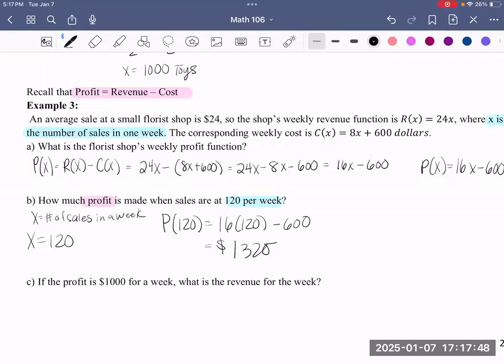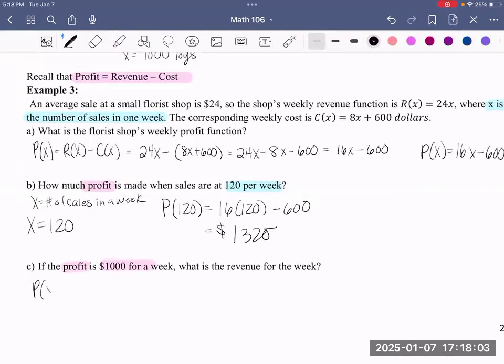If we were to do it again with C, it says if the profit is $1,000 for a week, what is the revenue of that week? So now we have to work backwards just a little bit. It's telling us that this is your profit for a week. So it's saying P of x is equal to $1,000. And we need to know R of x. Do we have R of x? Well, we can't directly go there, right?